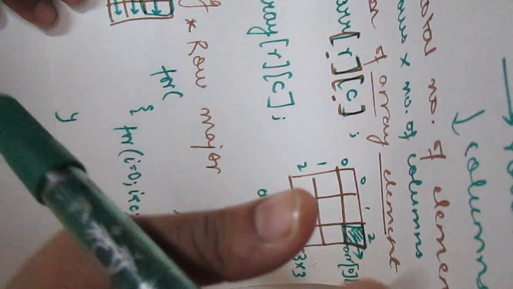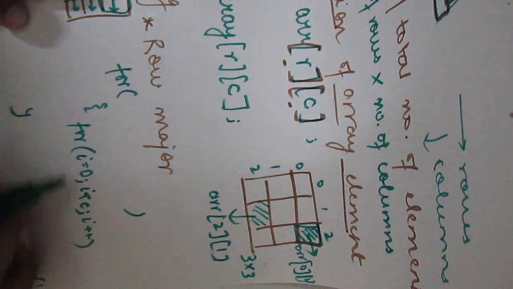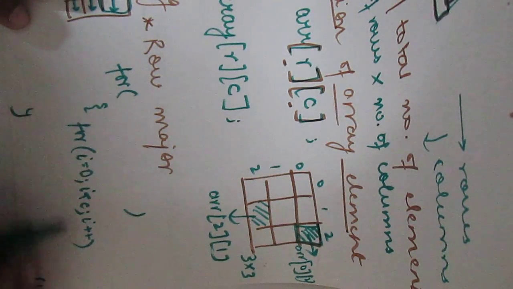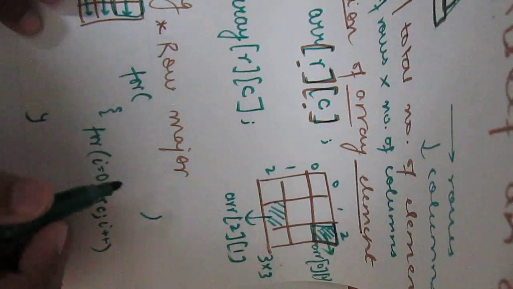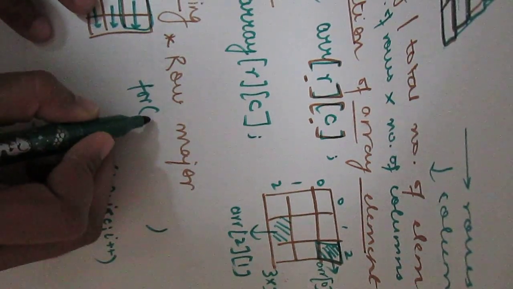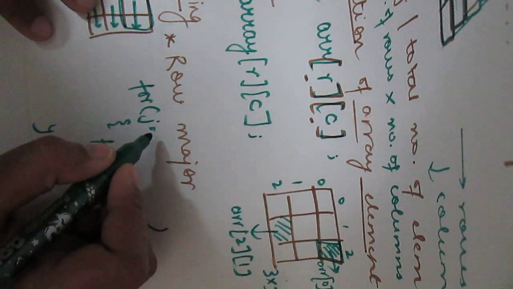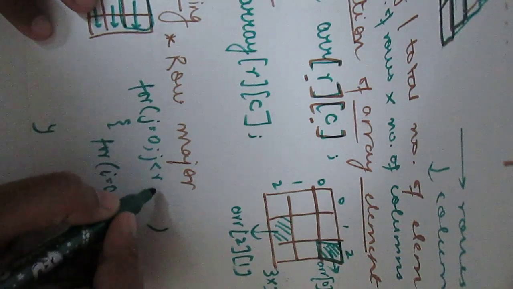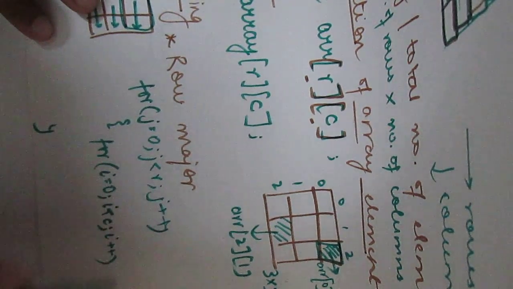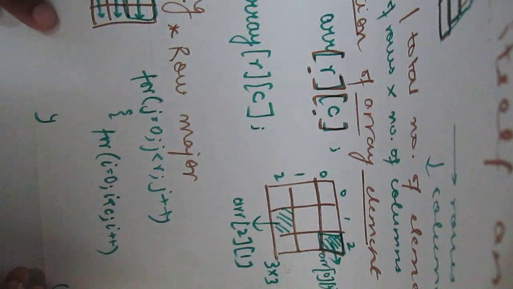This part will handle my columns. This for loop will process my columns for every row. And for rows, how many rows do we have? We have r rows. So we have the variable, say j equals 0, j less than r and j plus plus. For r number of rows, I have to repeat this operation. That's how.